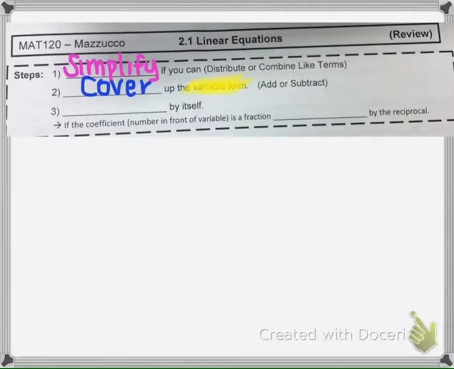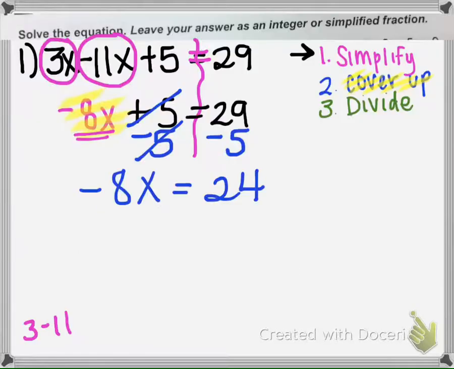Okay, then the very last thing you're going to do when you solve an equation is to see if there's anything to divide by itself. So if we look at this equation right here, the very last step, when the variable term is all by itself, is to divide by itself. So we're going to divide both sides by a negative 8.